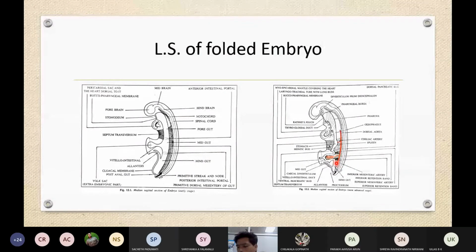So in the lower caudal part of the embryo or tail fold, we have the connection of the cloaca towards the edge of the developing primitive umbilical cord.